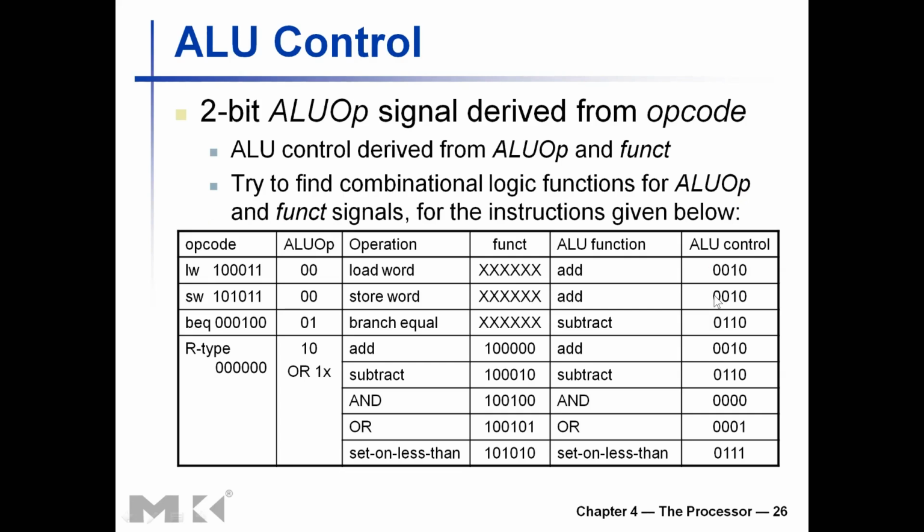Because there are some controllers, same control in the ALU for different opcodes. I'm sorry, I didn't hear that properly. Can you repeat that, please? In the ALU, there can be the same ALU control for different opcodes, like the same function in the ALU happens for different opcodes. Yes. To generate that.